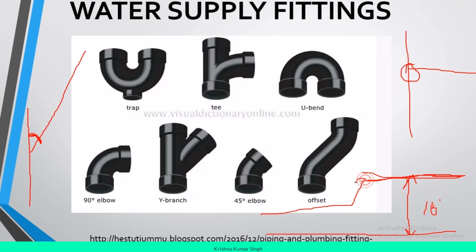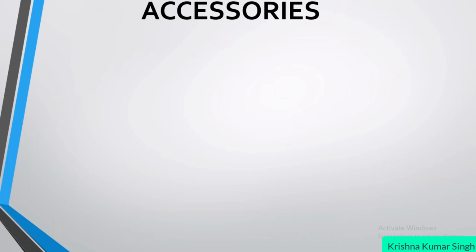After reducing it with the offset, now the distance is 10 feet, right? Again, we have a 45-degree elbow to convert the vertical direction in this direction. So this way you can use fittings to change the direction of the water supply which is coming to your building or any house. Now we have accessories.